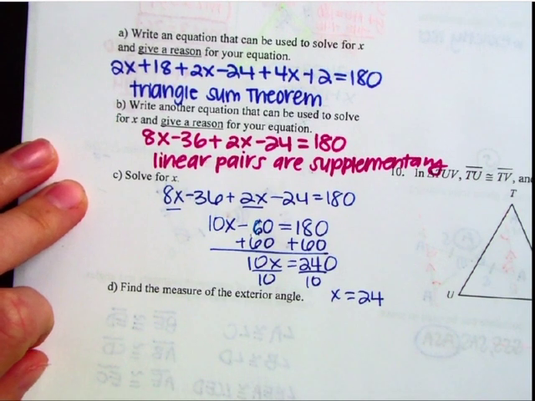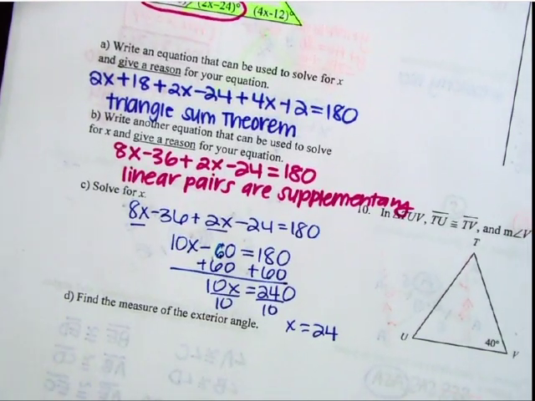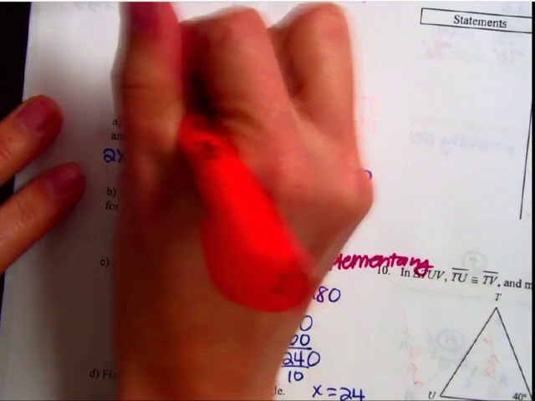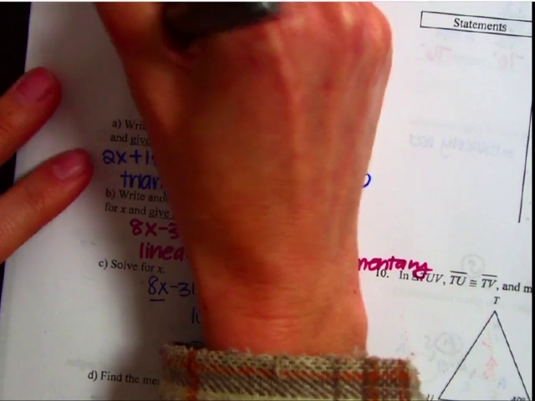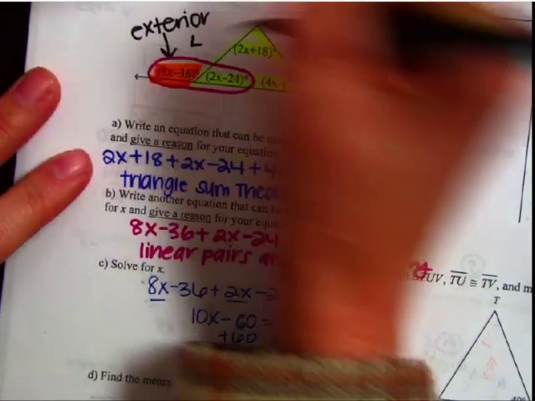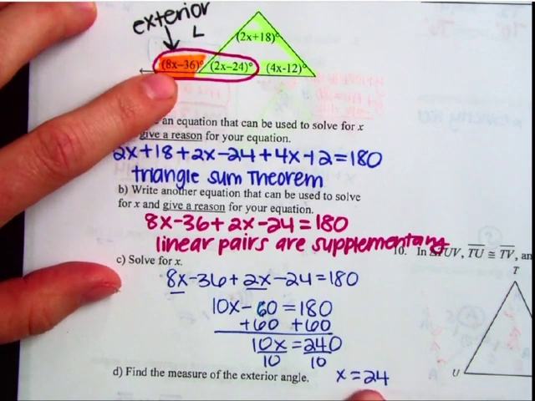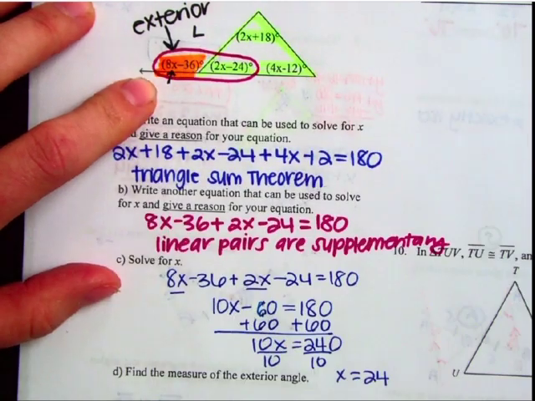And then we're going to find the measure of the exterior angle. This orange angle is the exterior angle, okay? We'll make a note of that. That's the exterior angle, the angle on the outside of the triangle. So we're going to take x equals 24 and plug it in right there for x.